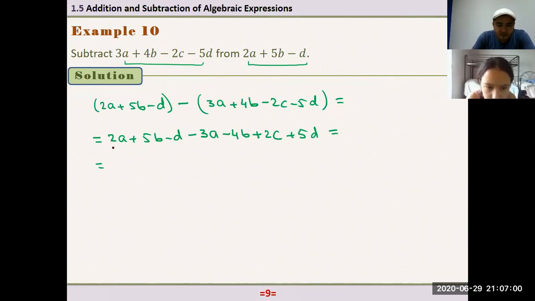Starting with 2a, do we have a here? Yes. What is 2a minus 3a? Negative a. All right, very good. And 5b minus 4b is plus b, just b, right? And here I have negative d plus 5d.